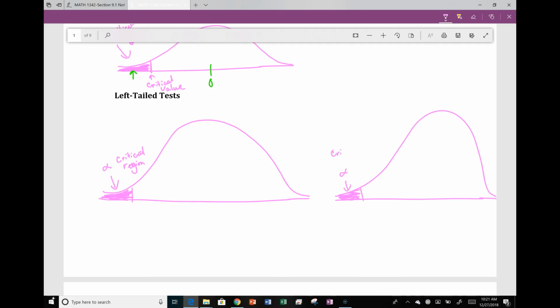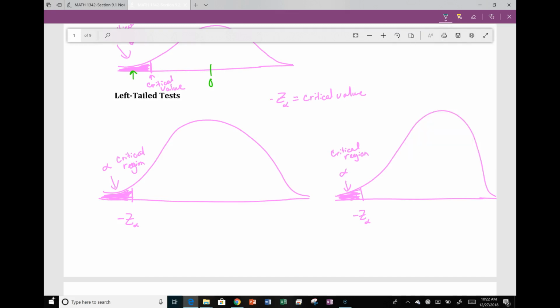It is also the critical region. And obviously if it's on the left side, it's going to be a negative z based off of our alpha, because it's on the left side. Okay? So z sub alpha is going to be our critical value for a left-tailed test. Negative here.